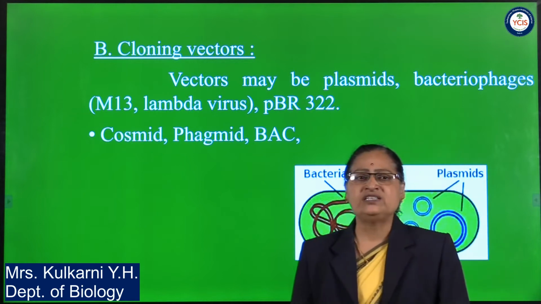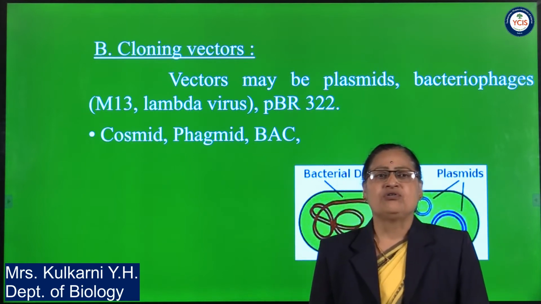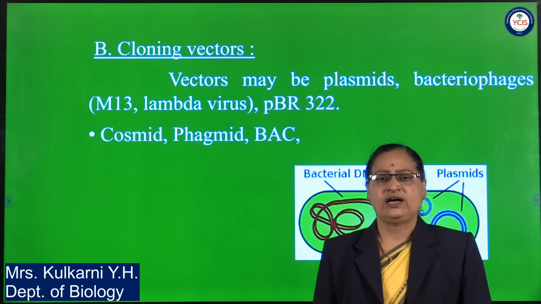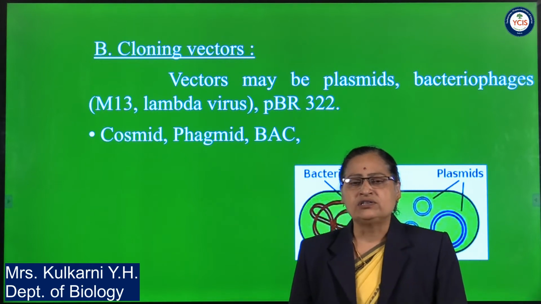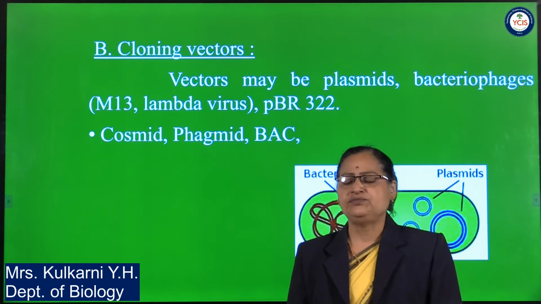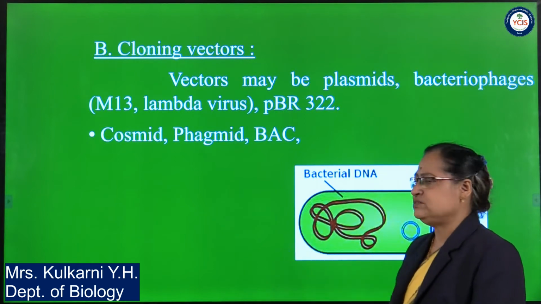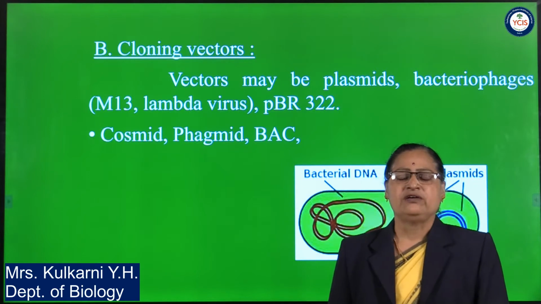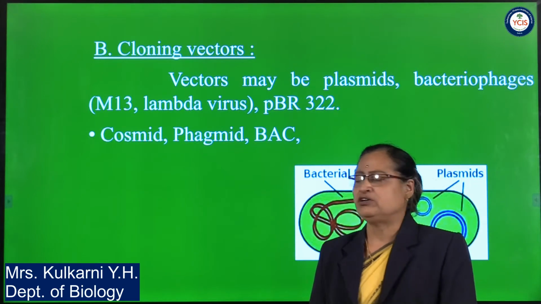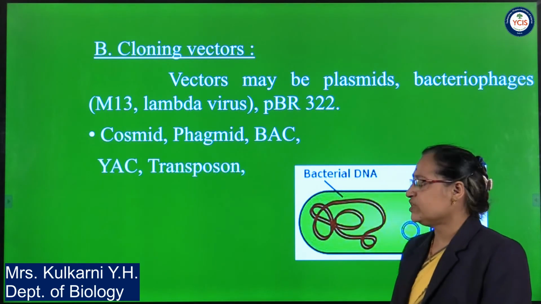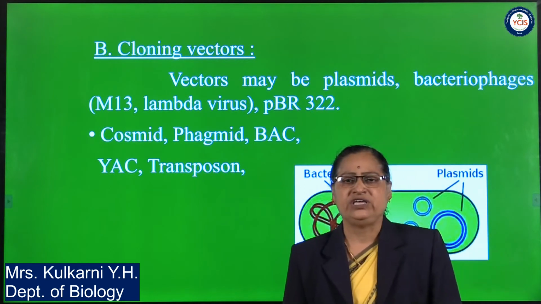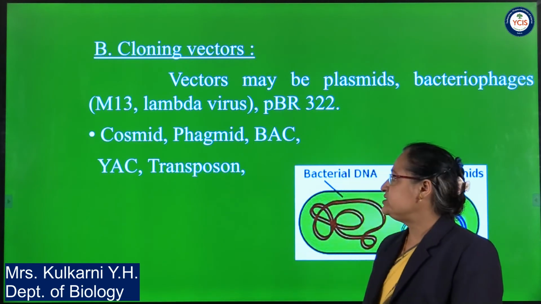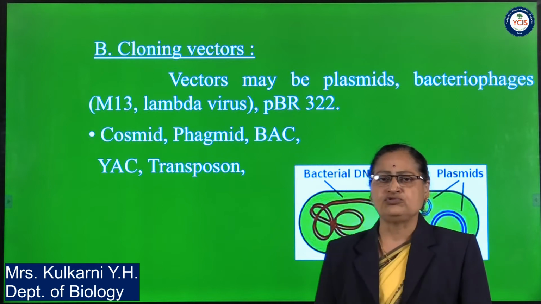Then phasmid. Phasmid means cosmid plus plasmid. Then BAC, bacterial artificial chromosome. Then YAC, yeast artificial chromosome.